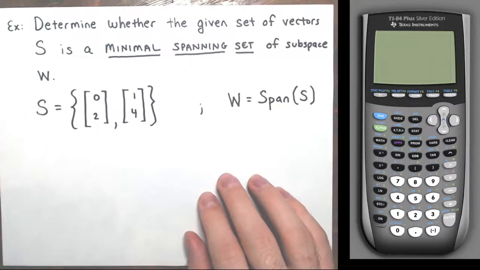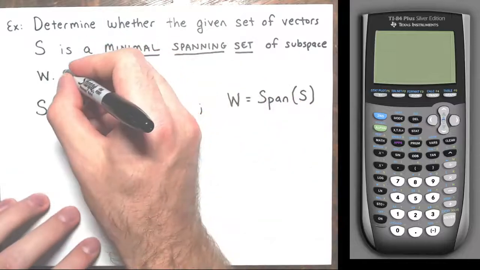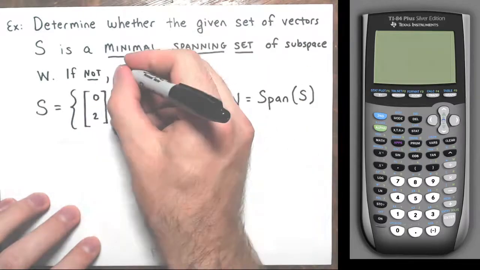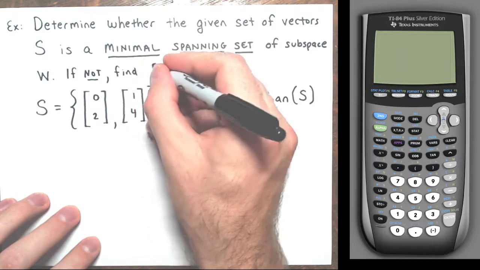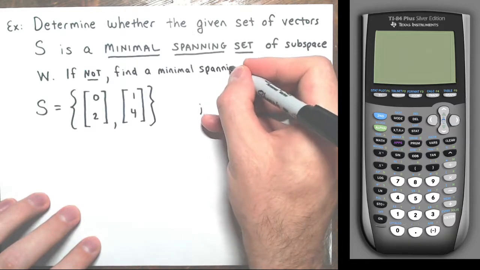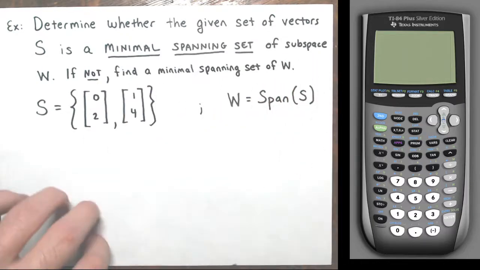The set of all linear combinations of the vectors of S. And we're just going to determine whether the given set of vectors S is a minimal spanning set of the subspace W. And I'll add some instructions to this: if not, find a minimal spanning set of W.